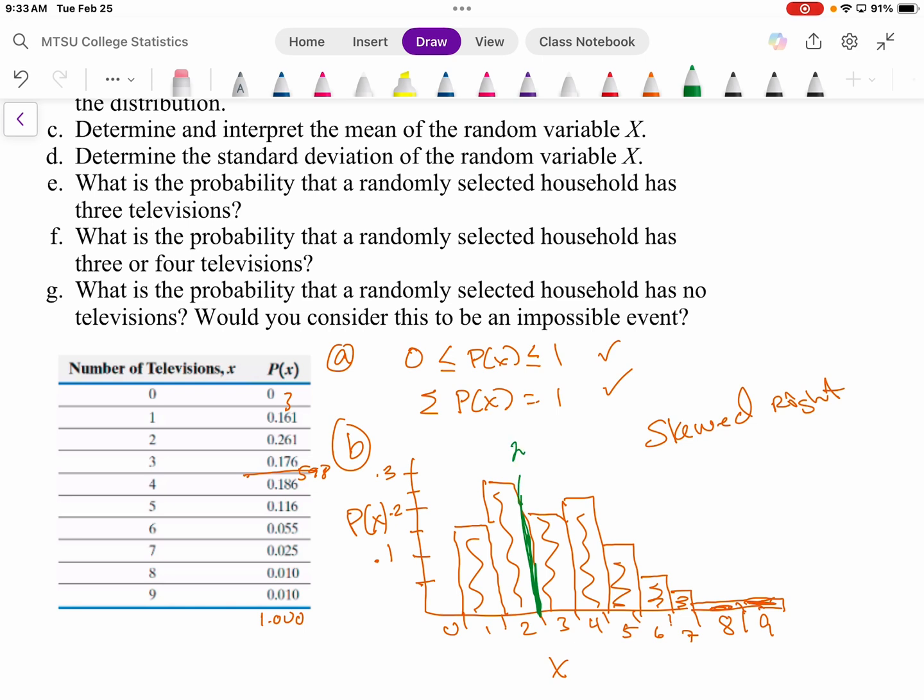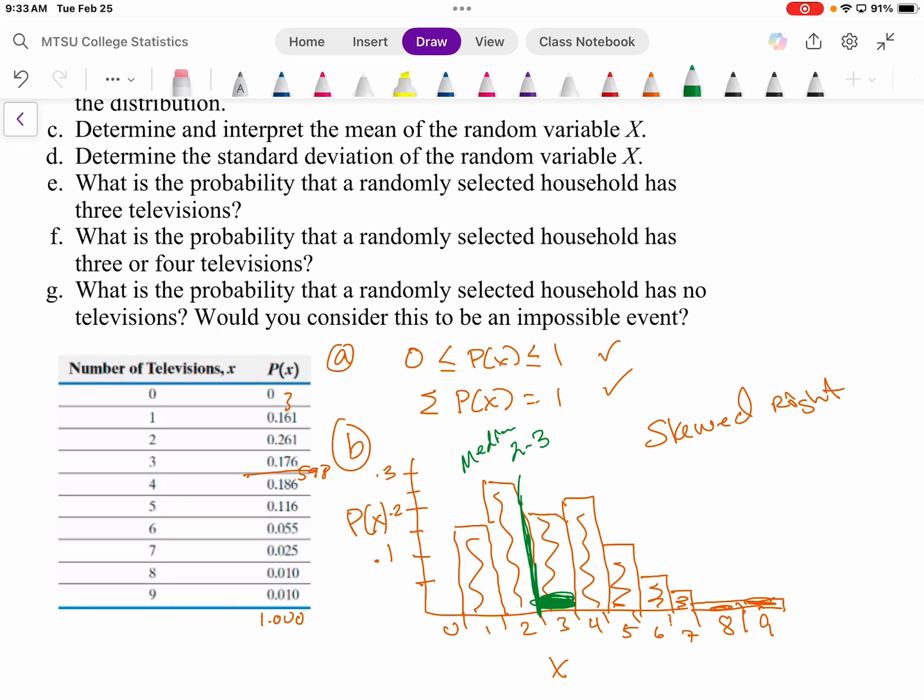So 2 to 3 is the median. Because again, the median has 50% of the data to the left and 50% to the right. So the median is going to be somewhere around 2. If we add up the first 2, we're a little bit short. So technically the median is probably one of those values right in there, one of those occurrences in the small 3 area.